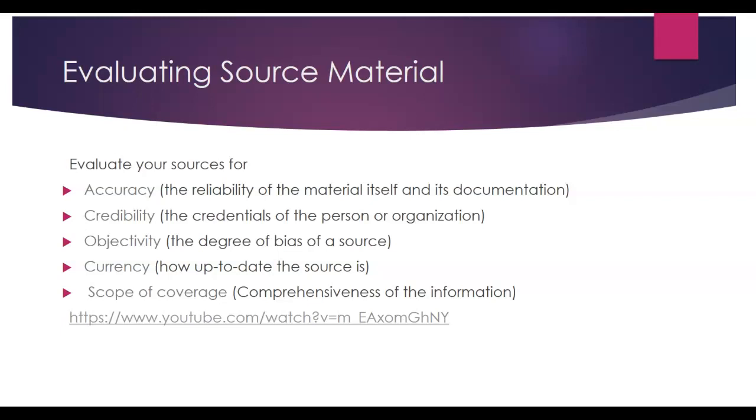Now, I do want to say that it is okay to introduce maybe one or two sources that you know have a particular bias, as long as you acknowledge that bias and you don't build an entire paper on those types of sources.